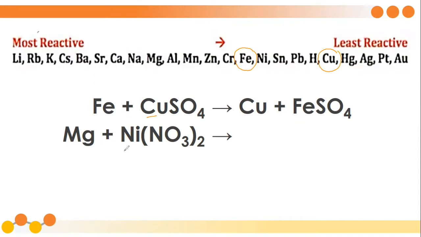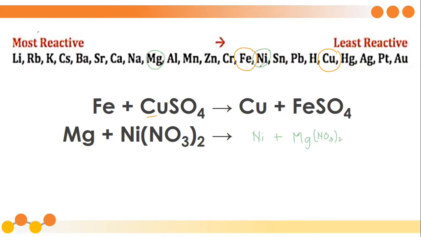Take a look at other examples. Next, we have magnesium plus nickel nitrate. In our reactivity series, we have here magnesium and we have here nickel. Since magnesium is much more reactive than nickel, our product now will be nickel plus magnesium nitrate.